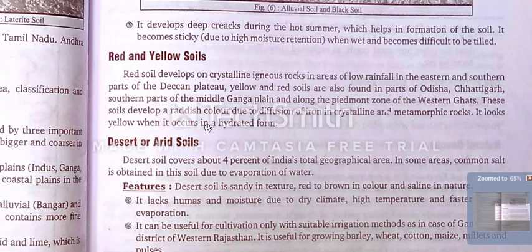These soils develop a reddish color due to diffusion of iron in crystalline and metamorphic rock. Many times it's asked in the exam why its color is reddish. What is the reason behind its color? Clear? You can write from here. This soil develops a reddish color due to diffusion of iron in crystalline and metamorphic rocks.